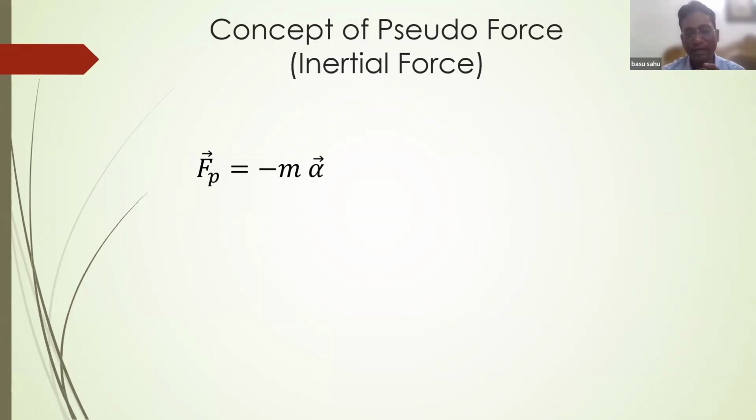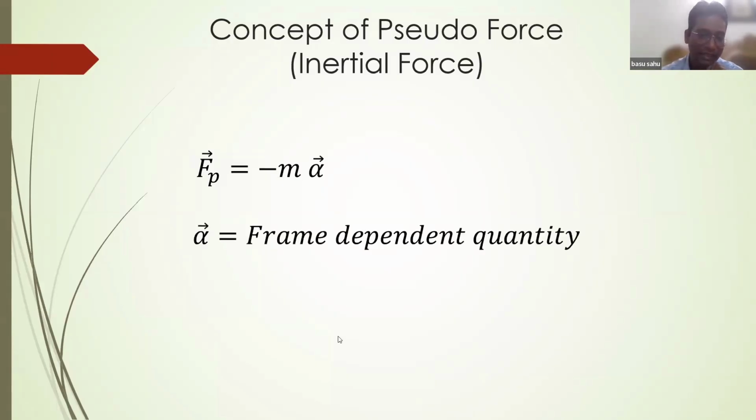So that's why this pseudo force is applicable to every particle. That's why we write the pseudo force Fp is equal to minus m alpha. I am not writing alpha directly as a, as I showed earlier, because alpha is a frame-dependent quantity and it has a proper meaning. It depends on the frame.